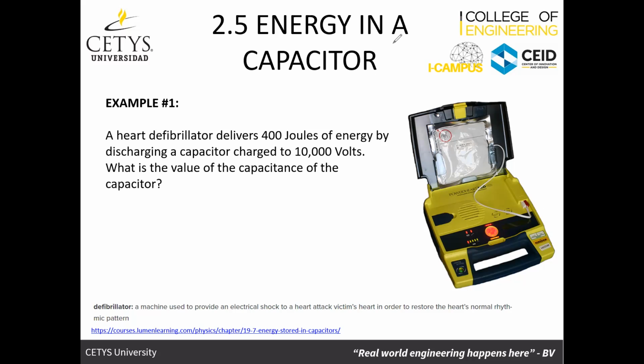So why am I conflicted with regards to colors? I'm going to say that U is the energy, and this is going to be 400 joules. And the voltage that's being applied to the capacitor is 10,000 volts.